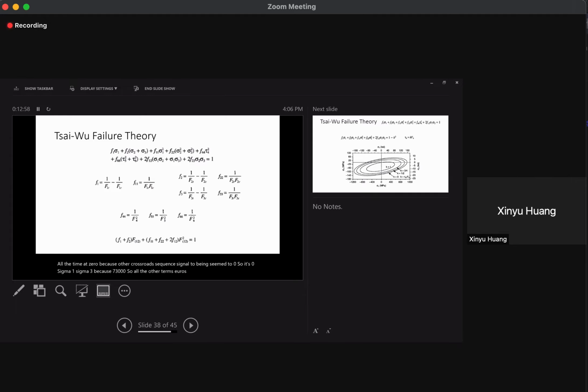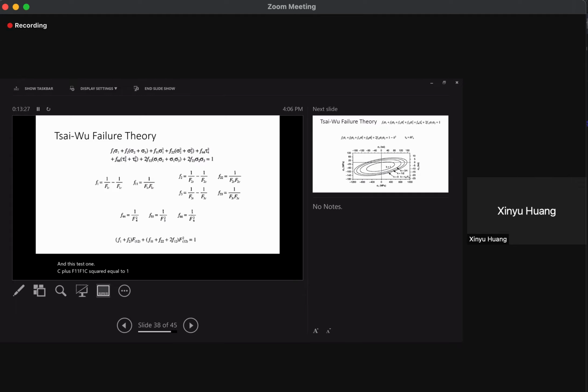Okay. So when sigma 1 equals F1t, F1 times F1t plus F11 times F1t squared equals 1. So this test gives you this equation right here. And this test, F1c, plus F11 times F1c squared equals 1, right?